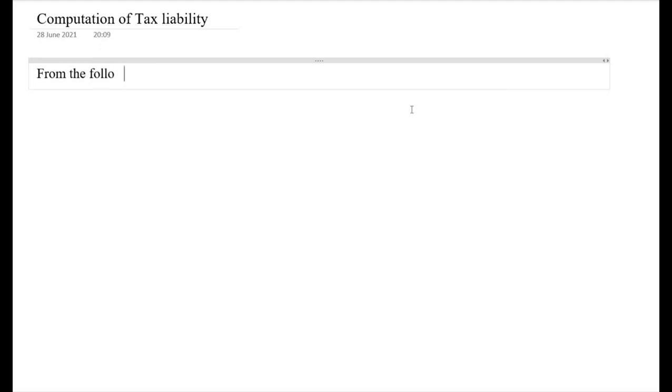So the question is like this: from the following transactions, compute GST payable.